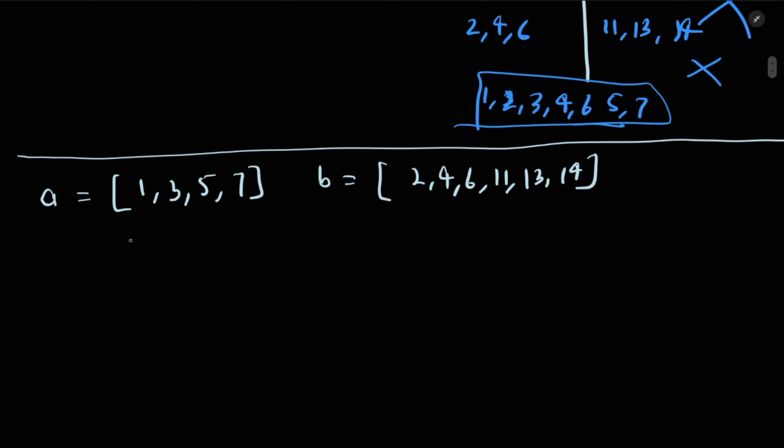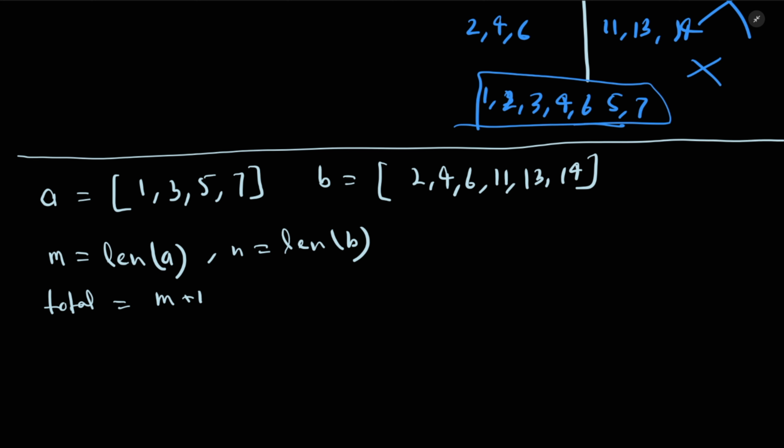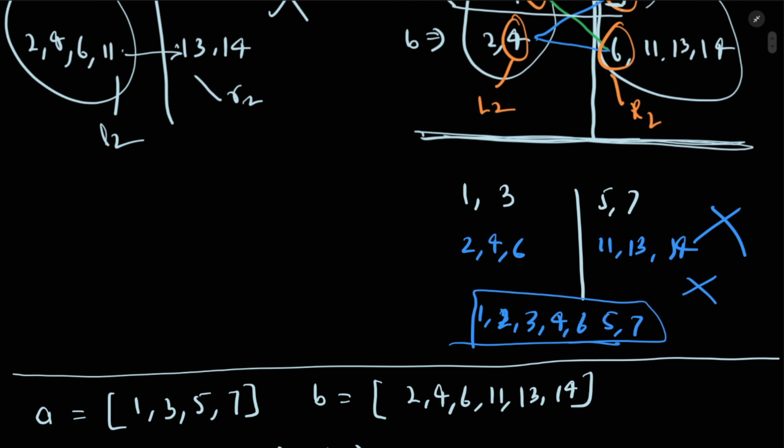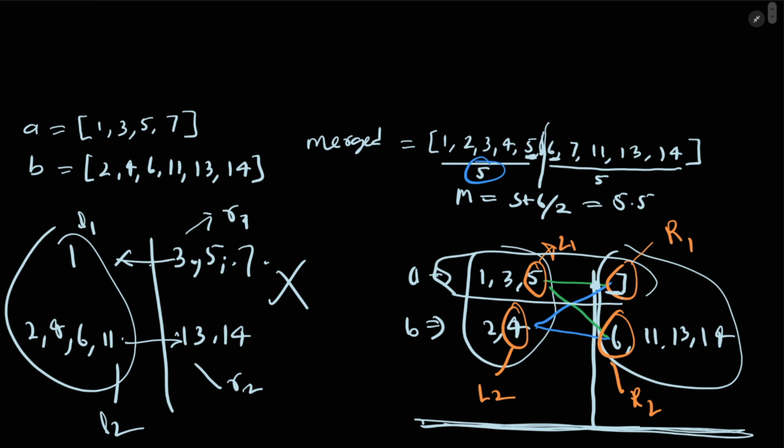For that, let's say we have M, which is the length of A, and N, which is the length of B. If we calculate the total length, this will be M plus N, which is 5 plus 5, 10, right? To get the number of elements on the left side and on the right side, you need to divide the total by 2.